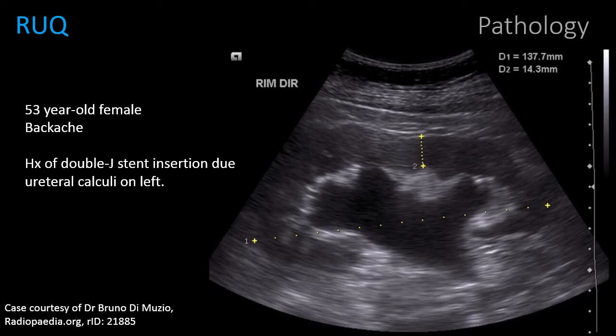Now it's blunted and large. And so this is someone who was having backaches. They have a history of a double J stent insertion on their left side, but now this is on the right side, and we're seeing that they have a renal stone that's obstructing the flow of urine, and so it's backing up, and we can see that the kidney has hydronephrosis.